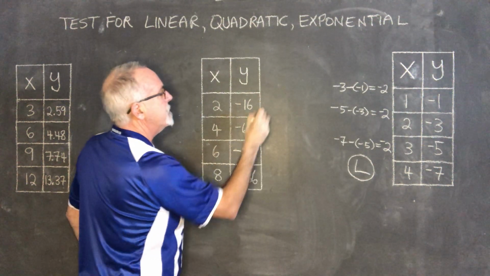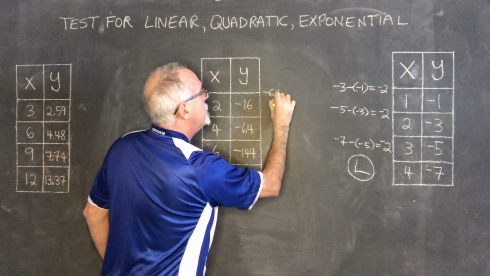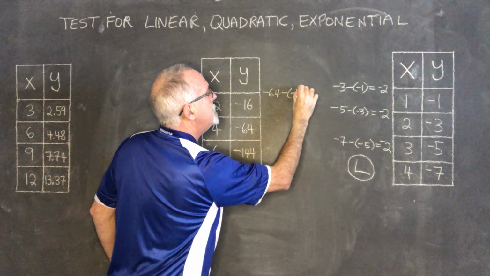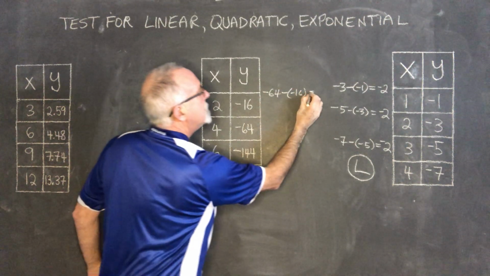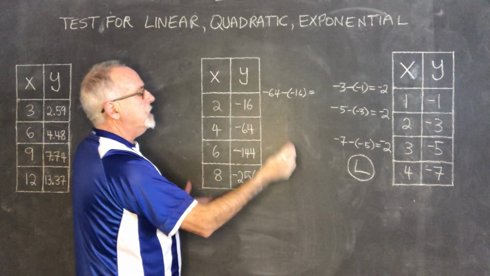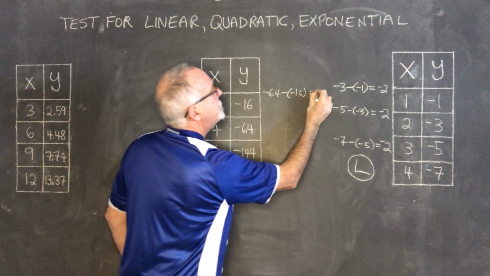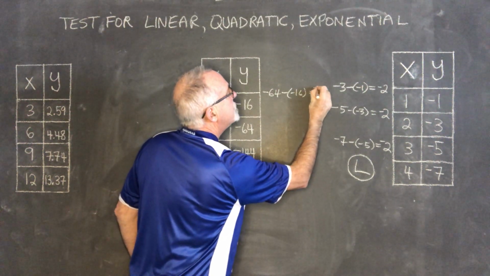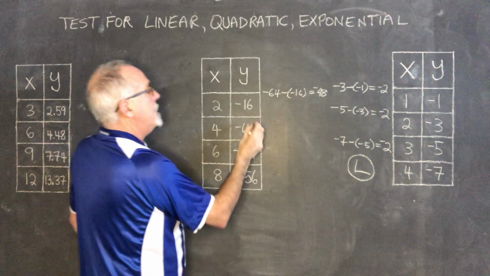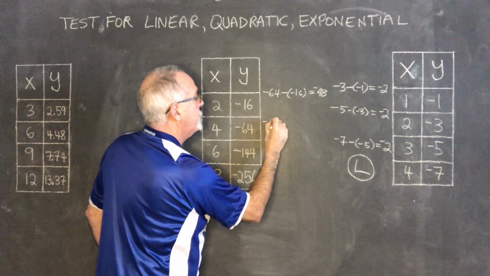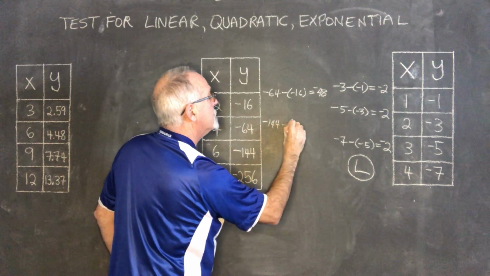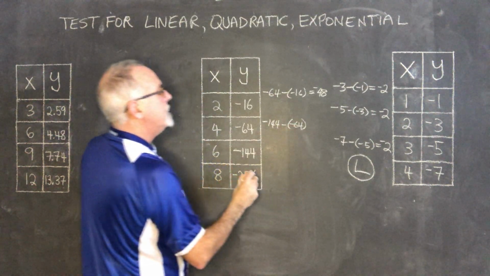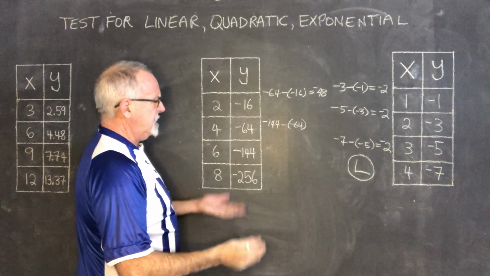-16, sorry, no, I'm starting here. -64 minus -16 is equal to -64 plus 16, which is -48. -144 minus -64 is equal to -144 plus 64.